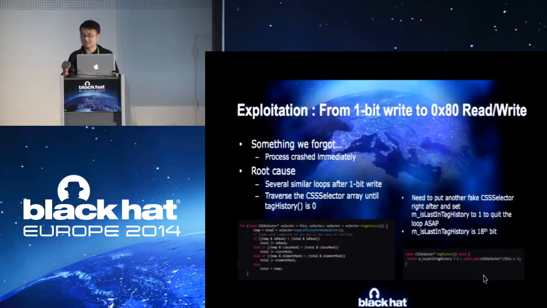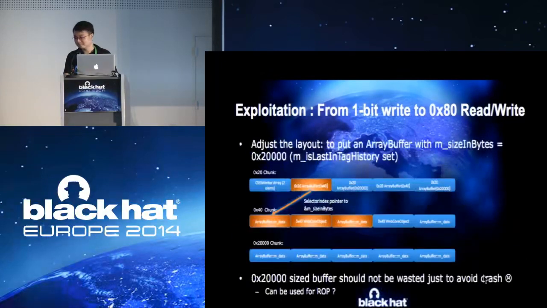So you can see that it used a bit called is last in tag history, which is its 18th bit. If this bit is set to 1, then it means the last CSS selector is accessed, so it will quit the loop. Otherwise, it will keep traversing until the process crashes.